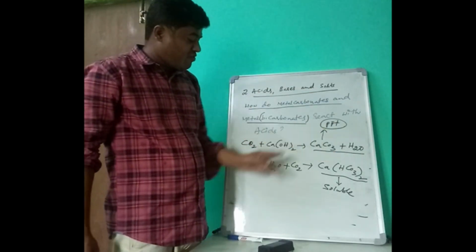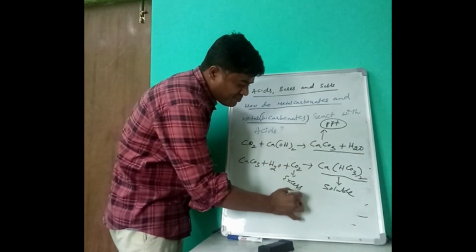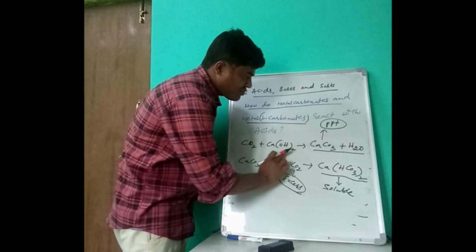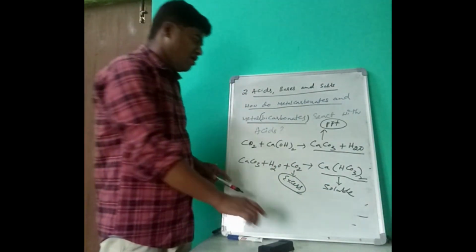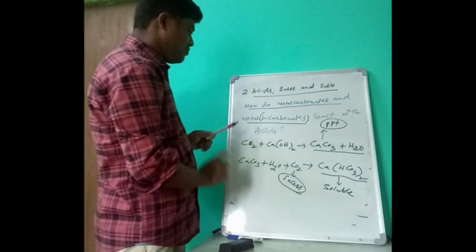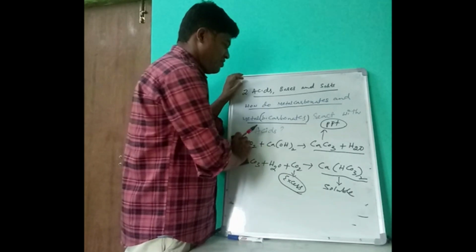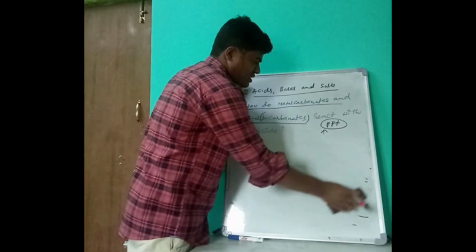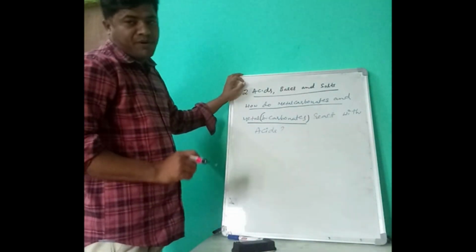Through this solution, if you pass excess of carbon dioxide, then you will get calcium bicarbonate. It is a soluble compound. It is very important information for our public examinations. Generally, this type of questions will be asked in public examination.